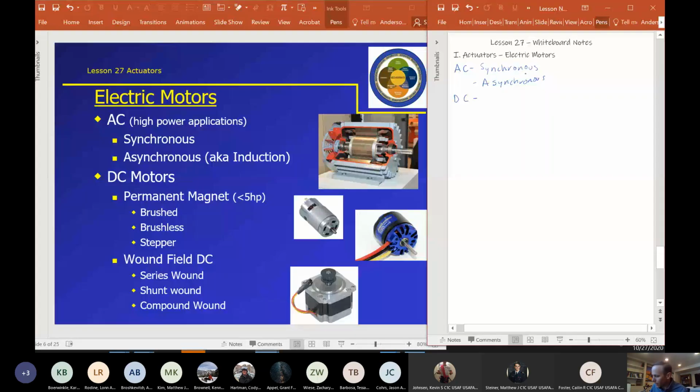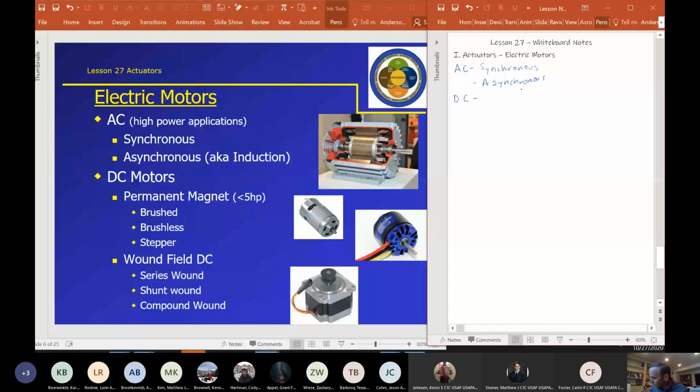AC motors avoid that problem. They're limited in the speed they can do, or the variability of their speed, but they're really useful for various industrial applications. If you walked around the Mech lab, you would find lots of AC motors. Your drill press is running on an AC, probably asynchronous motor, and a ceiling fan is an AC motor, very simple, easy to manufacture, not a lot of complicated parts.